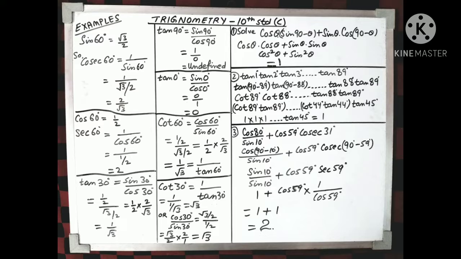So I am getting sin 10 by sin 10 plus cos 59 into sec 59. So I get 1 plus cos 59 into 1 by cos 59, because sec theta is the reverse of cos theta. That is 1 plus 1 is equal to 2, right? I hope you got it.